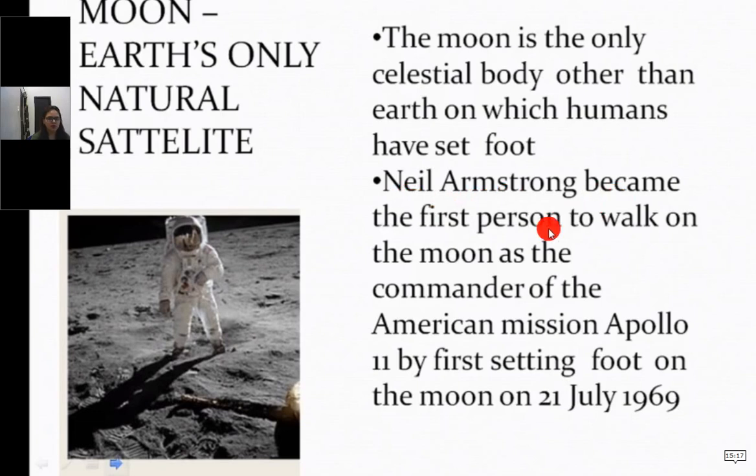Now class, a very important point is the difference between natural and man-made satellites. A celestial body which revolves around a planet is called a natural satellite. They are helpful in causing some natural phenomena such as tides.